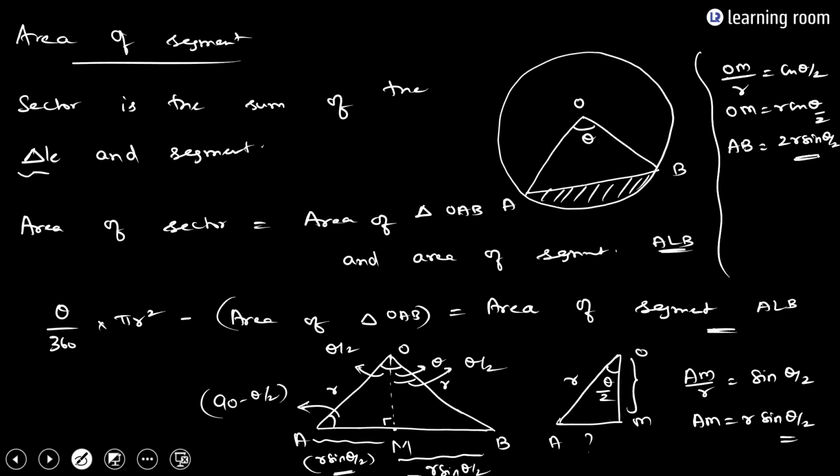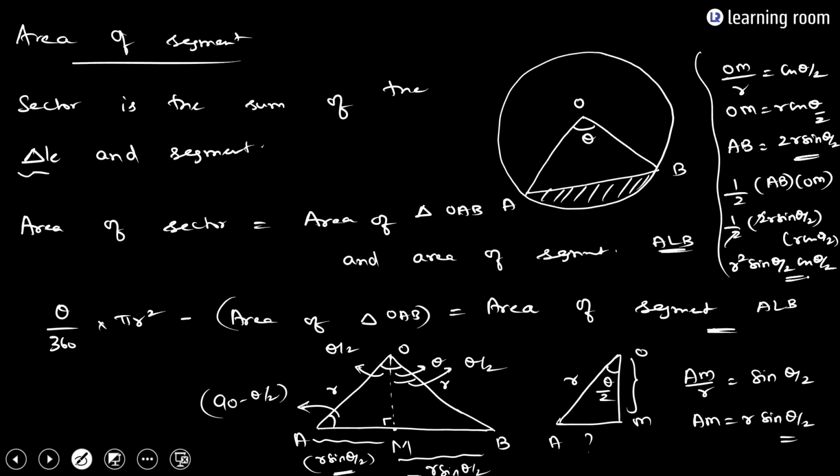Yes, sir. Now listen to this step. What is going to be the area of triangle OAB? Half into base, that is AB, into height, that is OM. So half into base is 2R sine theta by 2, into OM, which is R cos theta by 2. 2 and 2 will get cancelled. So what I am left with is R square sine theta by 2 and cos theta by 2.